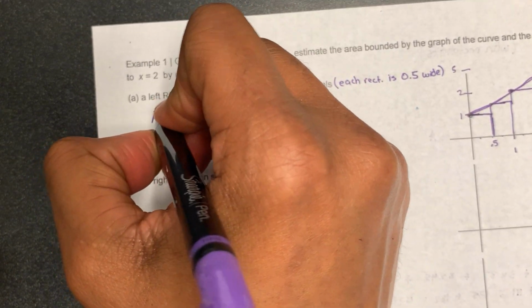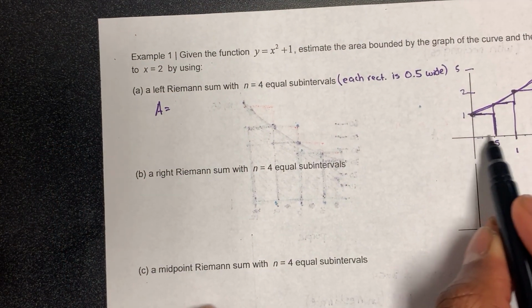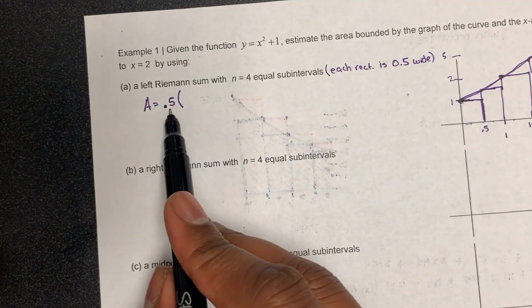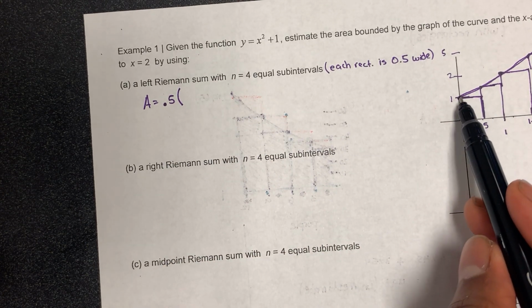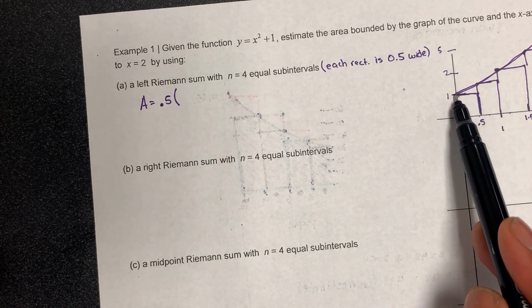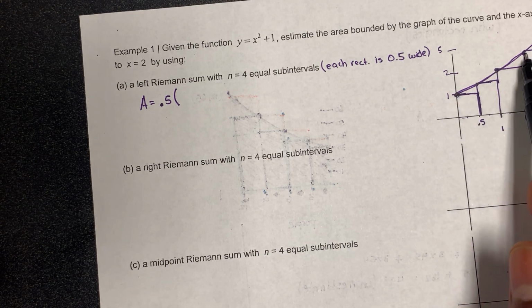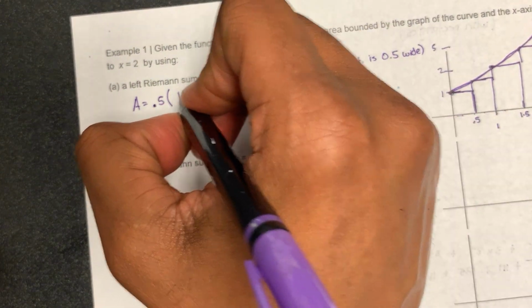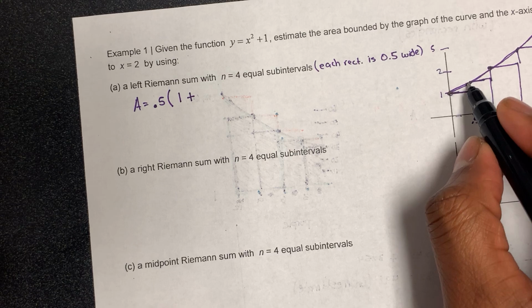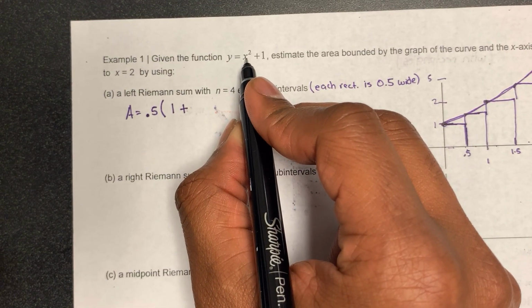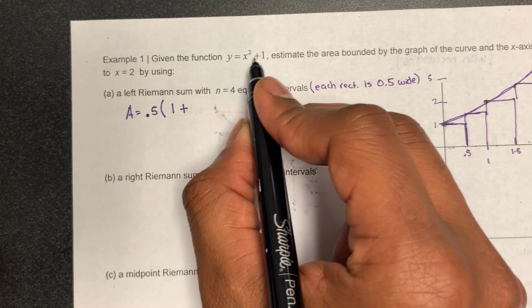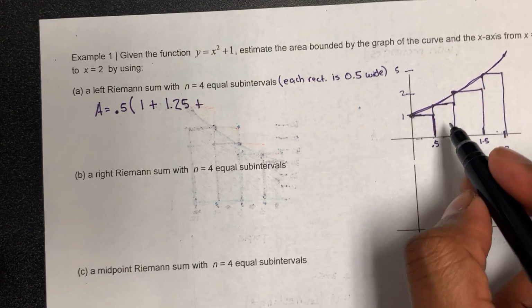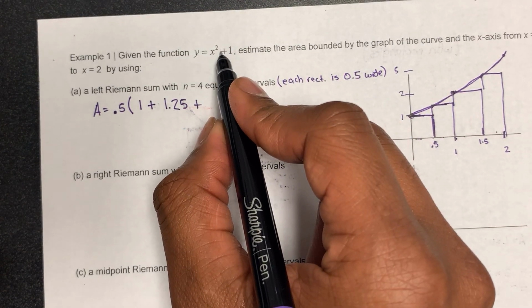Let's see. Area equals, so the width of each rectangle is 0.5. We're just going to take a shortcut and add all of the heights at 0, 0.5, 1, and 1.5. At 0, the height is 1, plus at 0.5, the height would be 0.5 squared, which is 0.25, plus 1, so that would be 1.25, plus the height at 1 is 2.